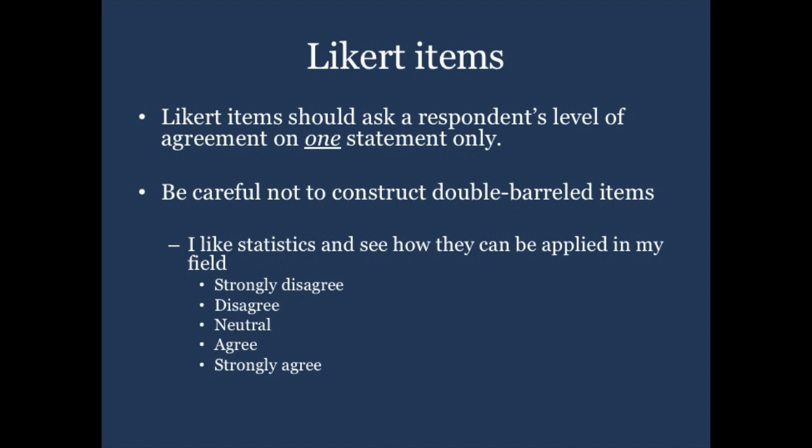I like statistics and see how they can be applied in my field. That is two questions. One is asking for their agreement on whether they like statistics, and the other one is asking for their agreement on whether they think it's going to be applied in their field. Those are two separate questions, and the answer is agreement for only one. So this is a double-barreled item, and it's useless, as we learned in the previous video.